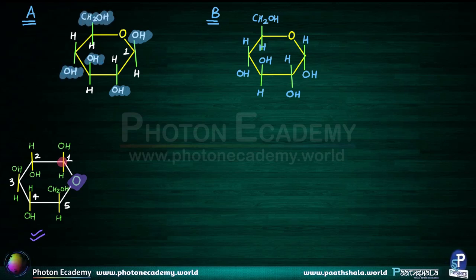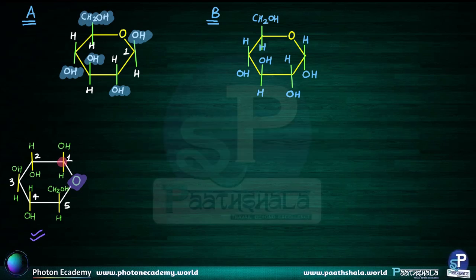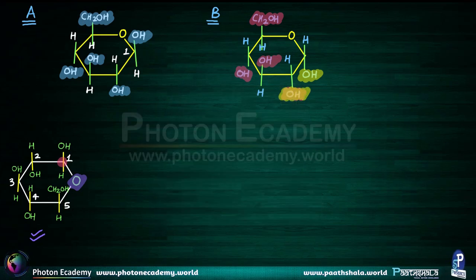So all the groups here are trans to each other. But when I look at this one here, I have got this and this, these two are trans, so is this, and so is this. But when I come to my last OH, I see that this is not trans with this OH, but rather it is at this position.